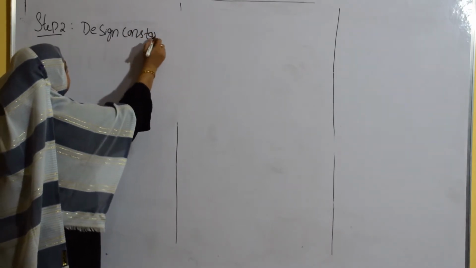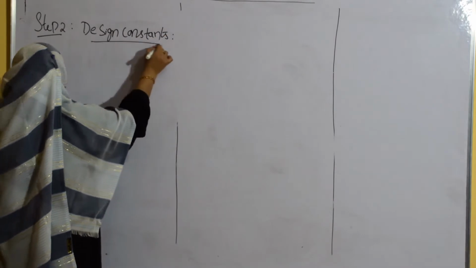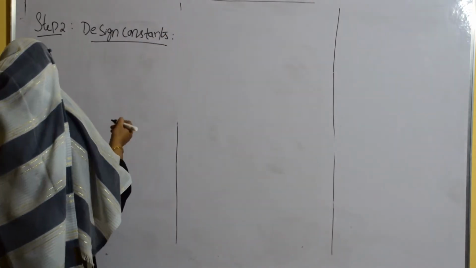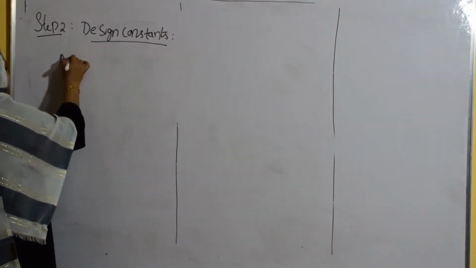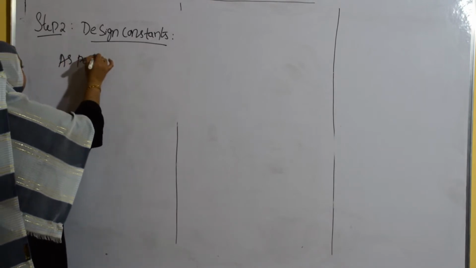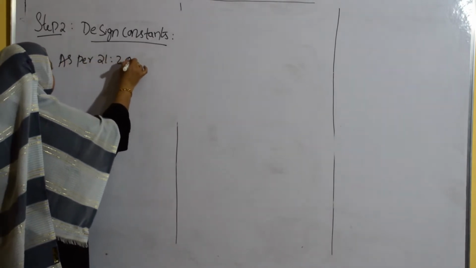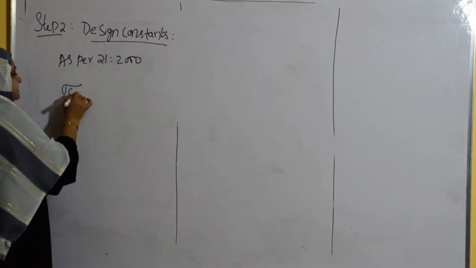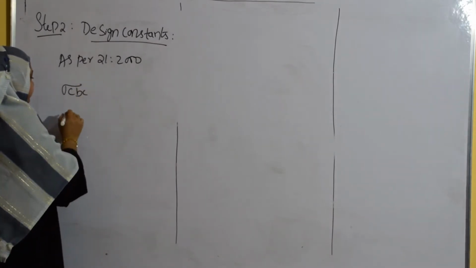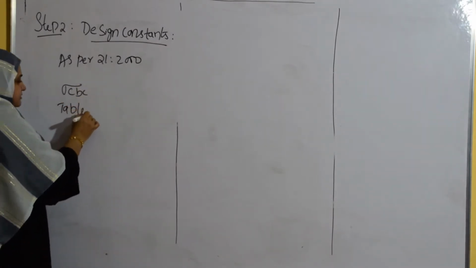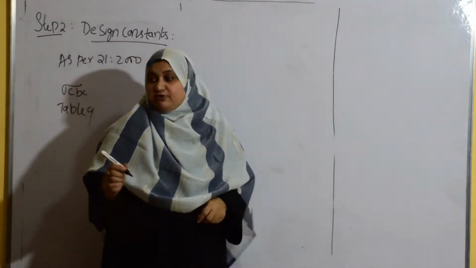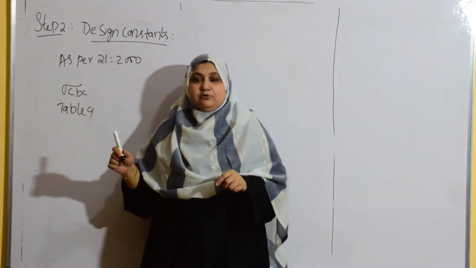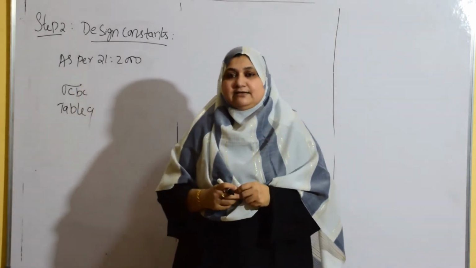Design constants. In this, first, as per IRC 21, this is the permissible stress in concrete. If you refer to table 9, you will have a table where you have two stresses on concrete.